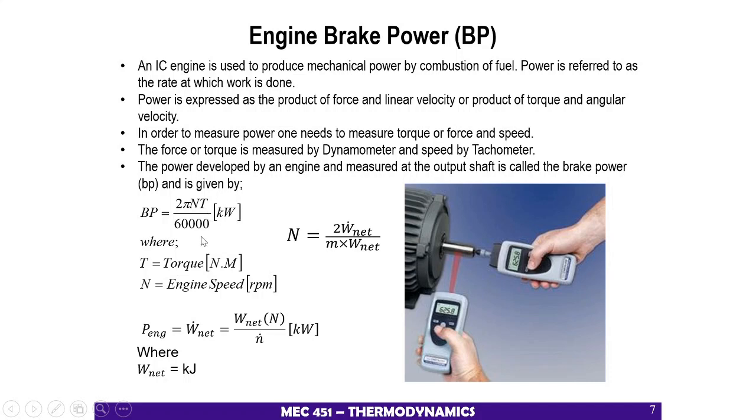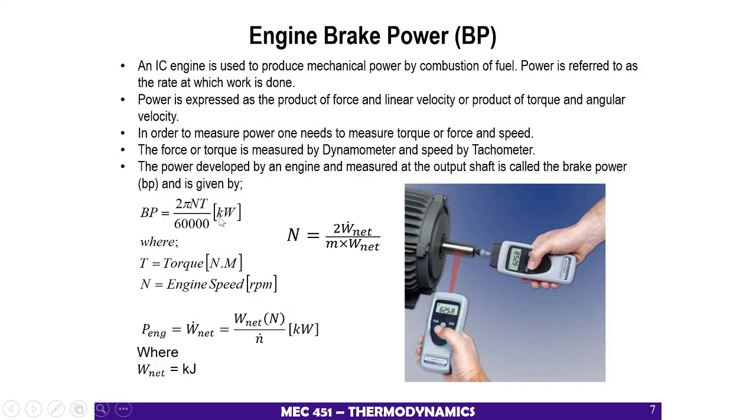Basically here you can see torque is in Newton meter or joule. In order to convert joule into watt, you require joule divided by second. So the second comes from the number of revolutions, N. That N, number of revolutions, is normally measured by engine speed or RPM.